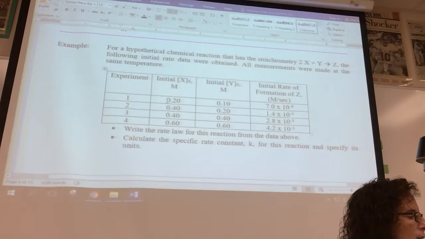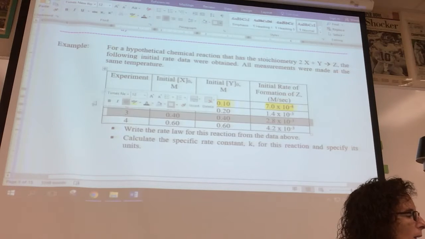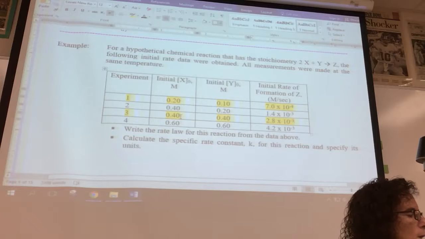I can see here that X from experiments 1 to experiment 3 doubles. I want to set Y constant and take the effect out of Y increasing on the rate.